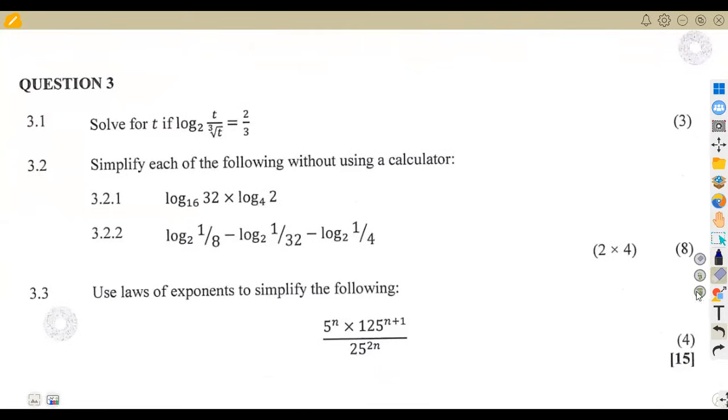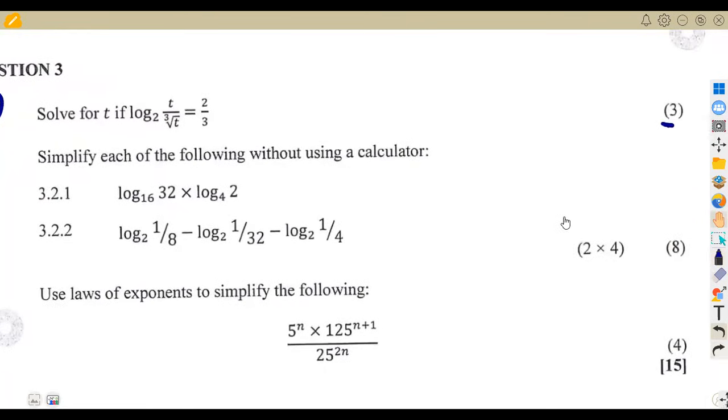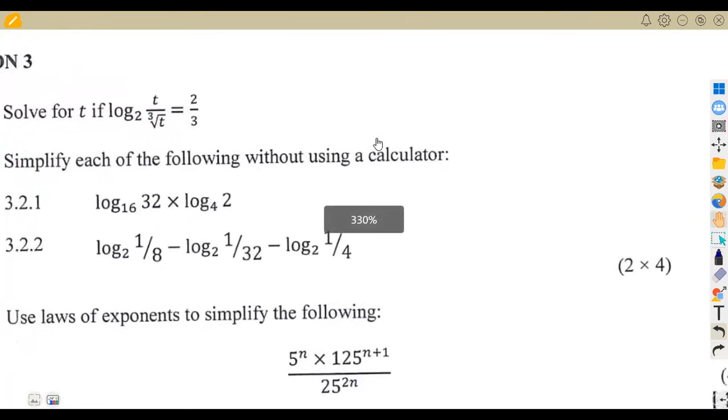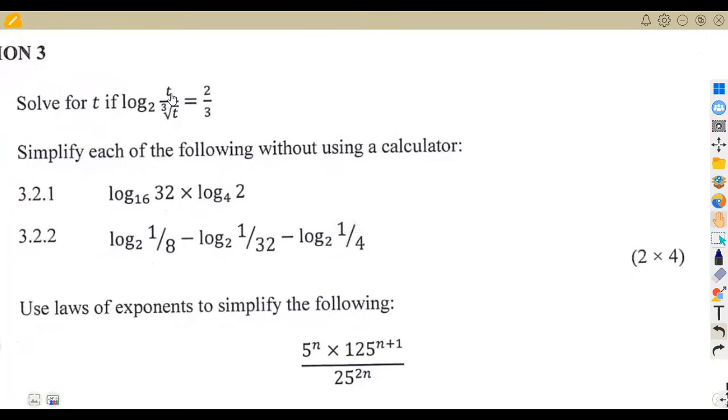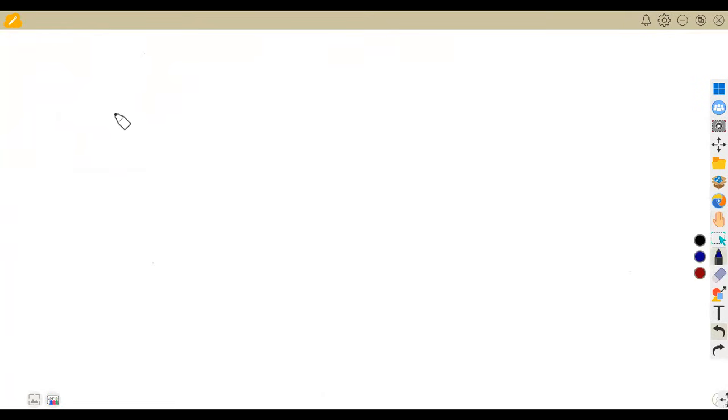The other part now, we are given a logarithm to solve for t, 3 marks. Let me rewrite how it was supposed to be, like 3.1.